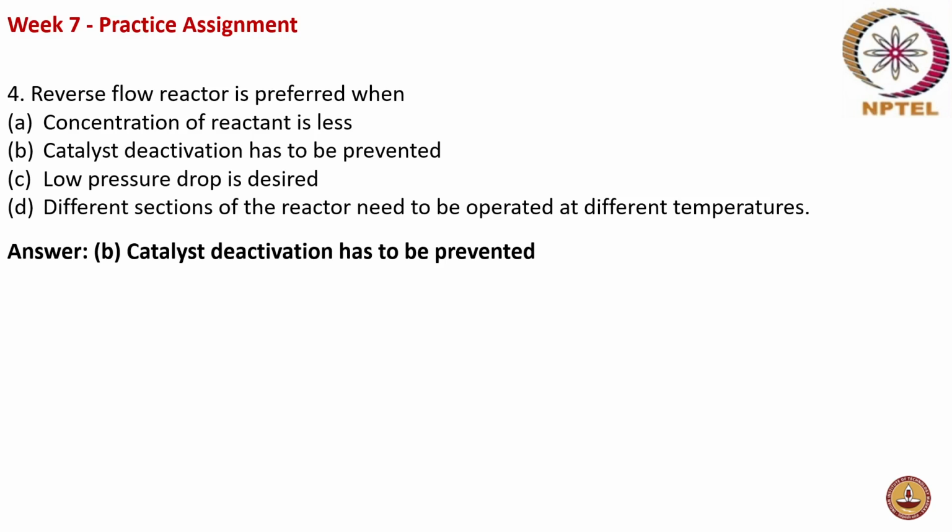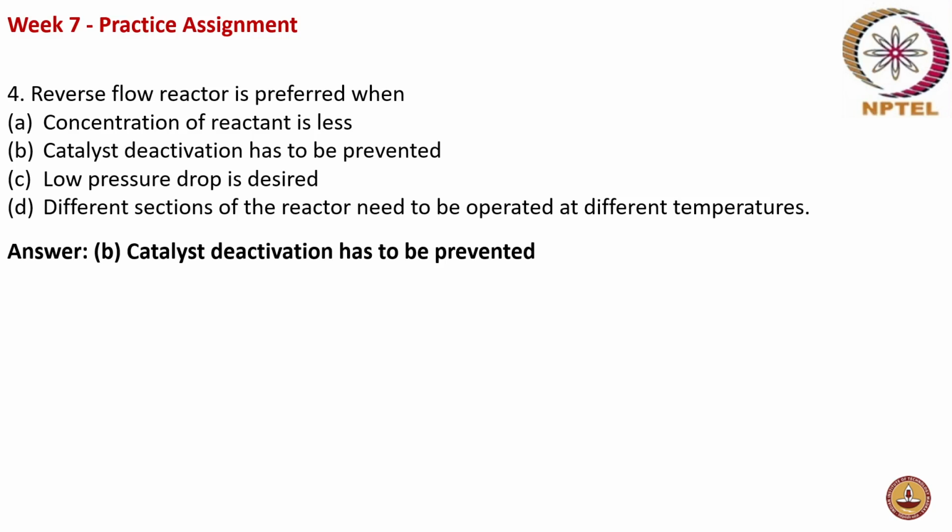So in order to avoid that, if we maintain a particular frequency, then over the entire time span, since the flow is reversed back and forth, the temperature is maintained, and the surface life of the catalyst is also maintained. It also helps in maintaining safety conditions, especially when the temperature increases very high.